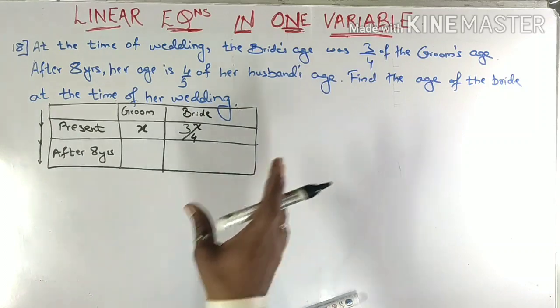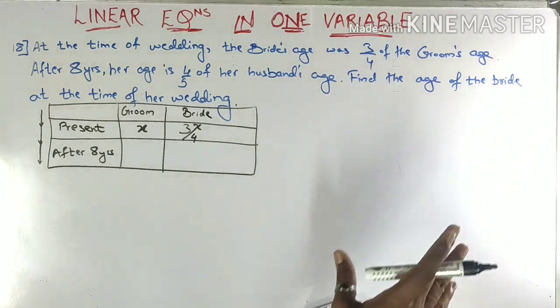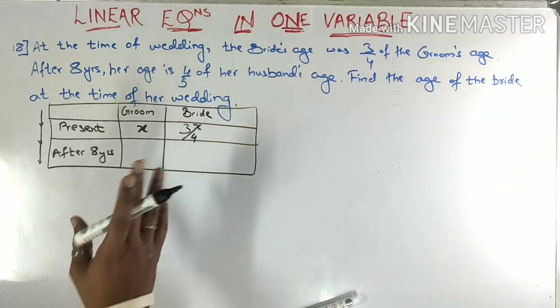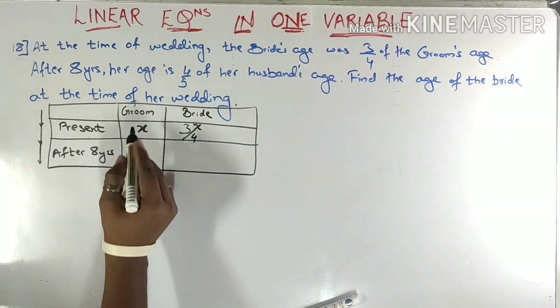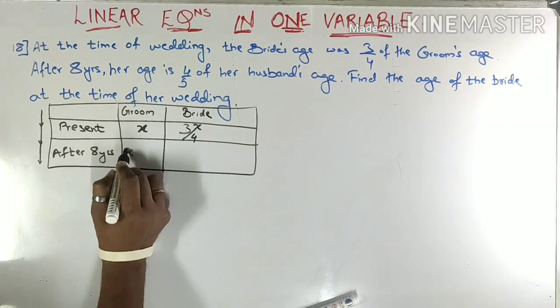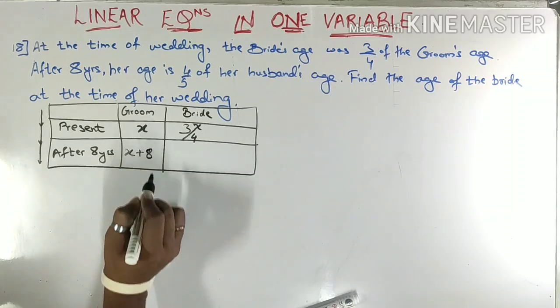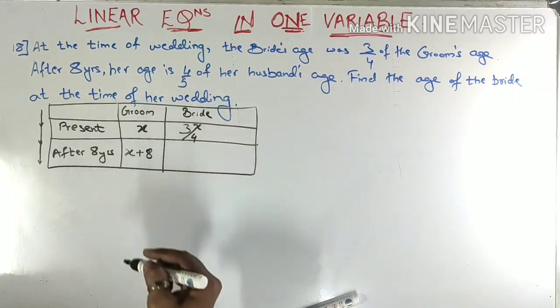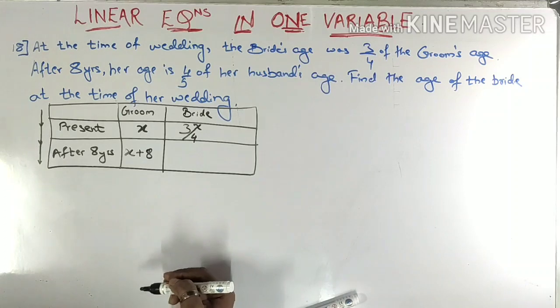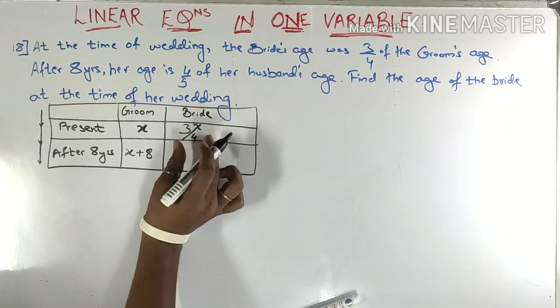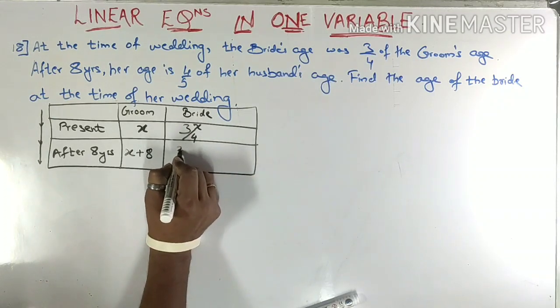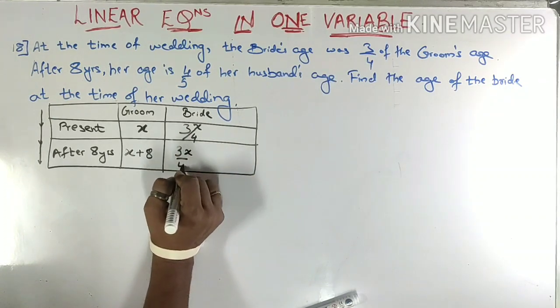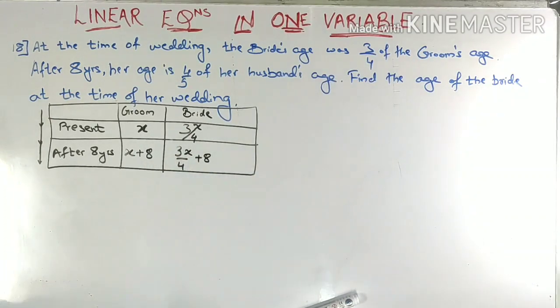So let us for a while forget about this detail. After 8 years, groom's age will be X plus 8, and as per our assumption, groom's age will be whatever age was at the time of wedding plus 8. So 3x by 4 plus 8.